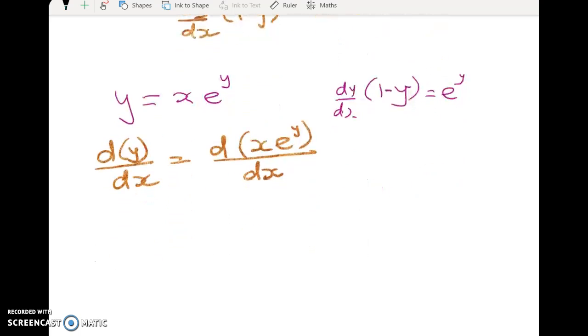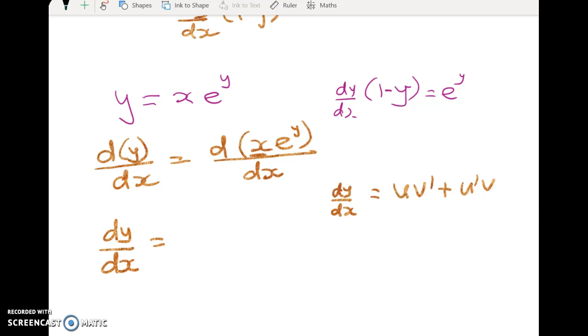I'm going to need to use the product rule and implicit differentiation on the right-hand side. On the left-hand side, though, it's pretty straightforward. I've got dy by dx. So now remember, uv dash plus u dash v is how we differentiate when we've got a product.